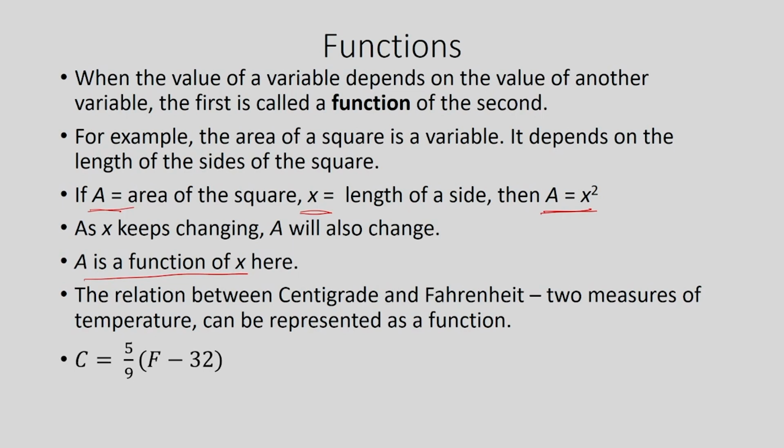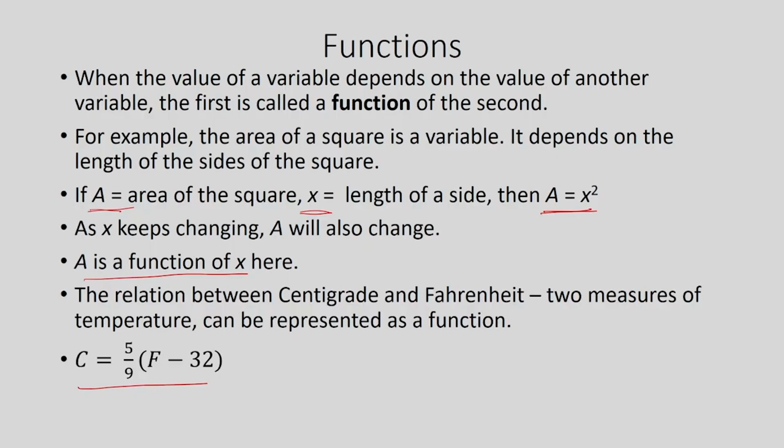The relationship between centigrade and Fahrenheit, two measures of temperature, can be represented as a function. Okay. So, here is the relationship that suppose capital C denotes temperature in the unit of centigrades, then centigrade we know is equal to 5 divided by 9 multiplied by (F minus 32).